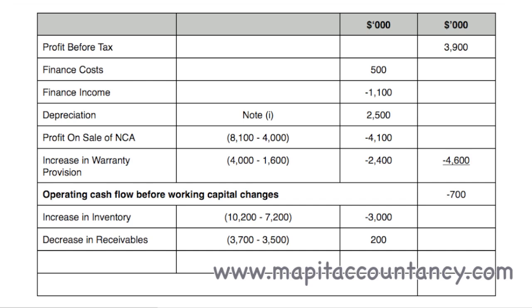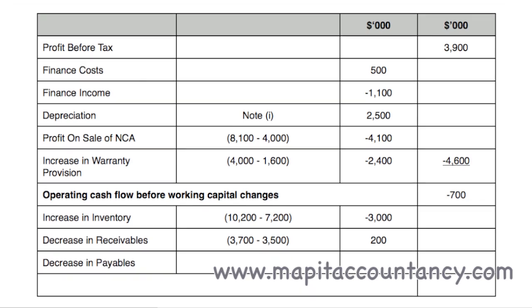So that's 200 of cash freed up. So an increase in cash of 200. There has been a decrease in payables. It's been from 4,600 to 3,200. Now, what does that mean? Our payables have gone down. Well, that means that we've tied up more cash because we've paid those. We paid them more quickly than we did previously.